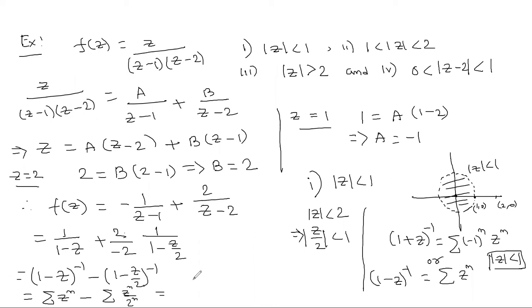So the expansion is equal to the sum from 0 to infinity of (1 minus 1 by 2 power n) z power n. So here you can say this is of Taylor's form. No negative power is present over here, right? So in this region we are getting a Taylor's expansion. Next, let us go into the next region, that is between 1 and 2, which is an annular region.